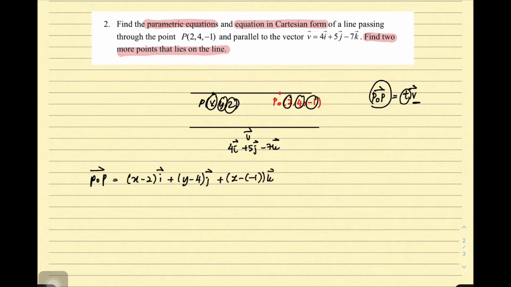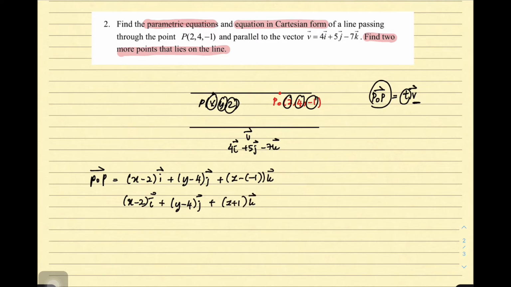Okay, so from here, awak akan dapat equation of the vector ataupun the vector on the line is X minus 2I plus with Y minus 4J, okay, plus with Z minus negative 1, is plus, Z plus 1K. So this one is the vector on the line.